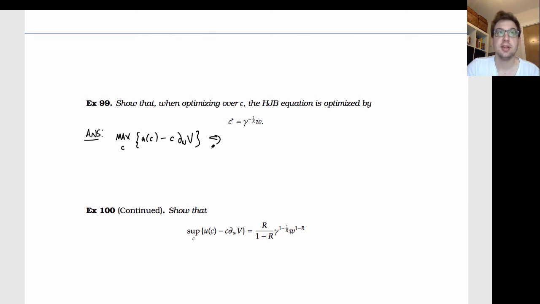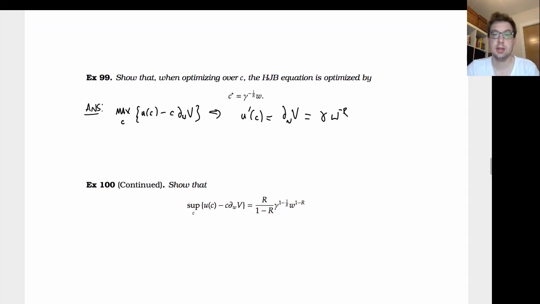If I maximize this, I can differentiate both sides and get this condition. I know the form of the solution of this is just gamma w to the minus r. And from the form I've assumed for the utility function, a CRRA utility, this is c to the minus r as well. So overall, this implies that c is equal to gamma to the 1 over r times w.